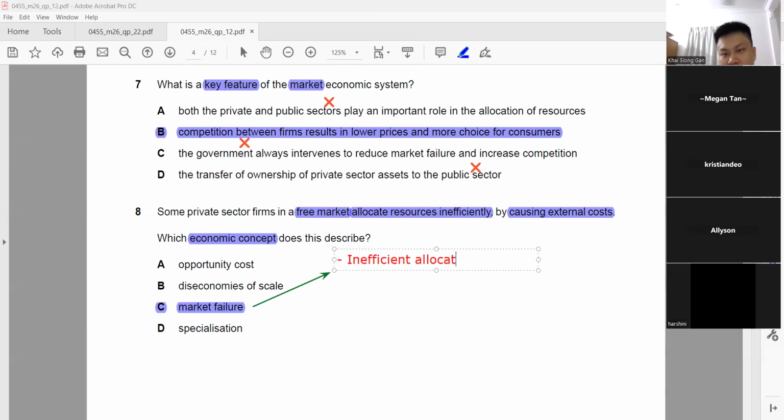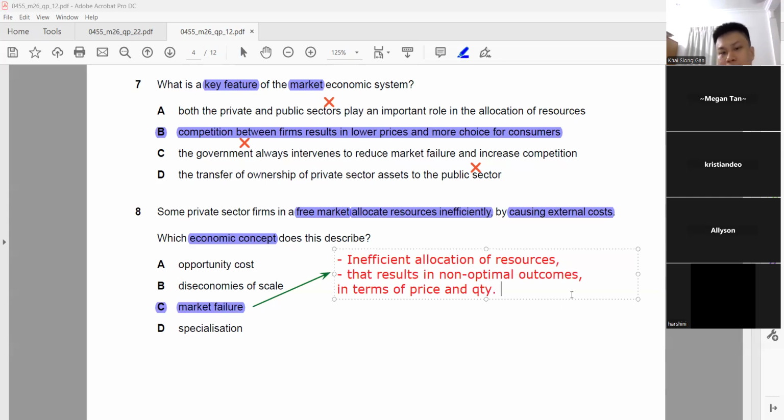Inefficient allocation of resources, that results in non-optimal outcomes in terms of price and quantity. Now, can someone give me examples of market failures?